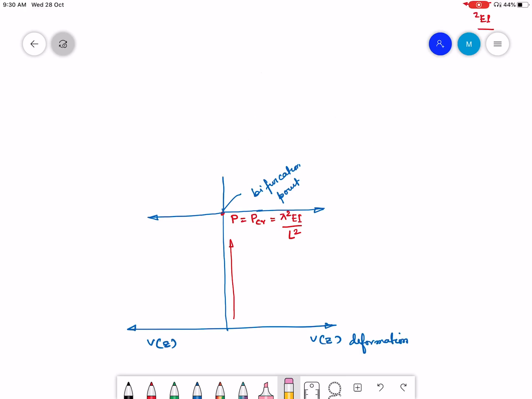Okay, so now if I don't give any perturbation and keep on increasing my P, then at the point where P is equal to P critical 2, that is 4 pi square EI by L square, again that is another bifurcation point.